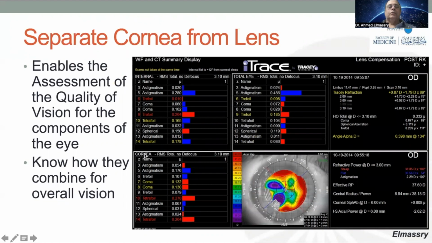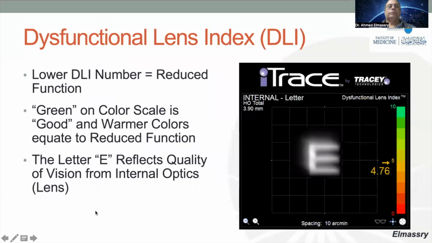Again, it is divided into the corneal and subtracted from the total to give the internal. So here it shows that the astigmatism is mainly due to the corneal aberrations and not due to any lenticular aberrations. So this enables the assessment of the quality of vision for the components of the eye, knowing how they combine for overall vision.